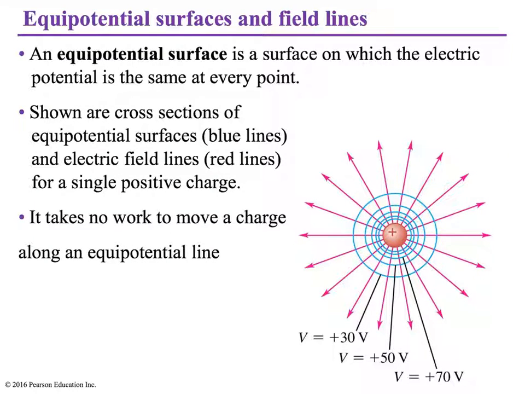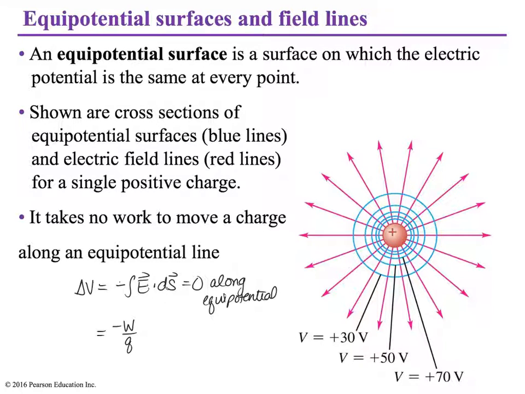Now, from our definition, remember that we said delta V is equal to minus E dot ds, and it's equal to 0 along an equipotential. Remember that this is related to the work. It's really related to minus the work over the charge.